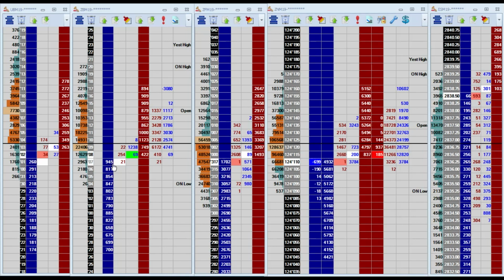There was a pretty good size bid here at 07. It was over 1100 at one point. Looks like we've had 21 trade down into it, and it's still pretty hefty. So we'll see if they start hitting down into that, and if it holds, it could just be some spoofing.